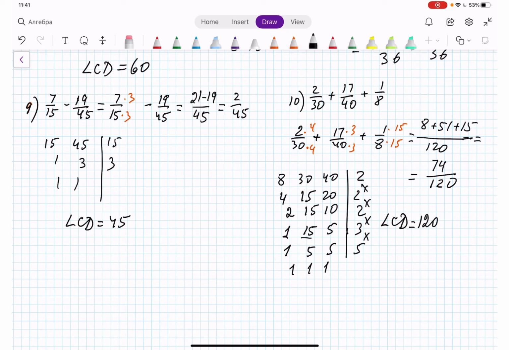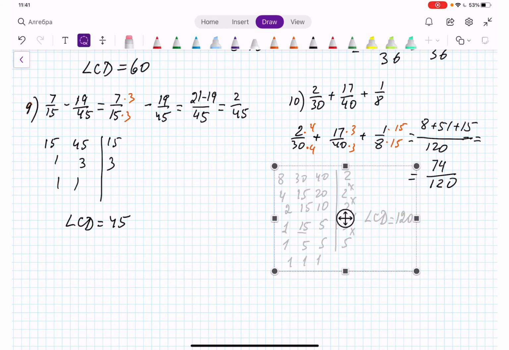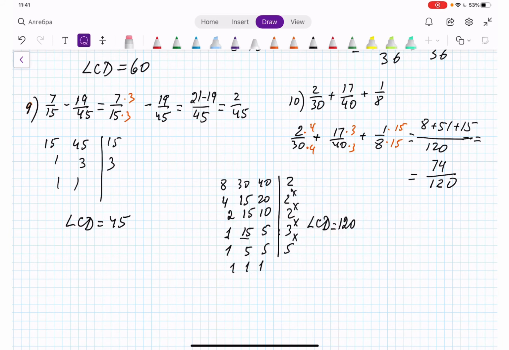Let's see if we can reduce. Okay, 74 over 120. By 2, it's going to be 37, right? By 2, it's going to be 60, and that's pretty much it. We arrived.